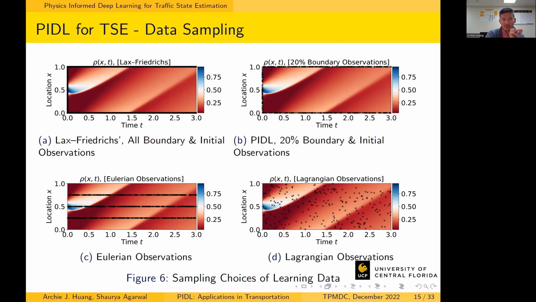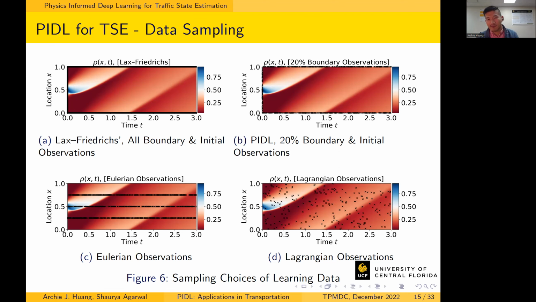That's where we see those horizontal black marks, the locations where the traffic state data are available. You do see there are some gaps in those lines, and that represents sometimes data loss, or inconsistent data transmission.